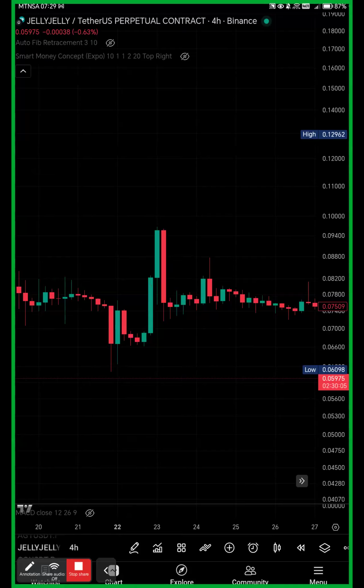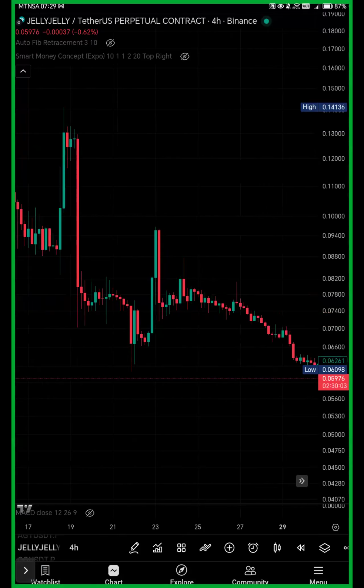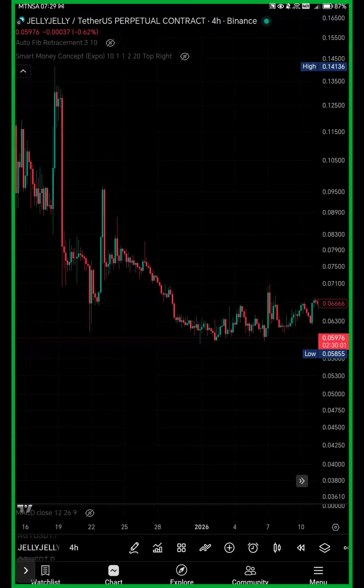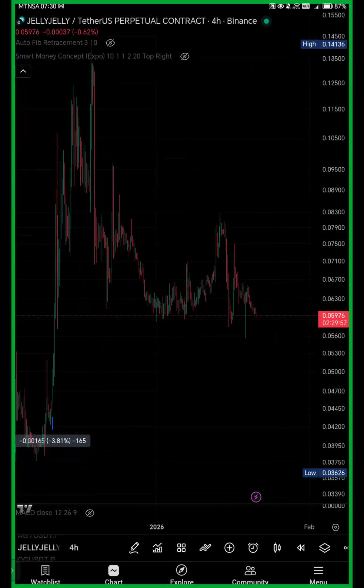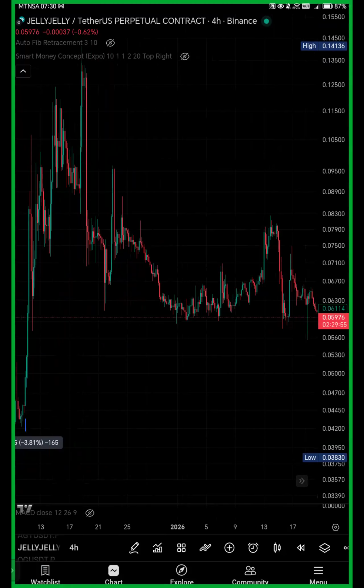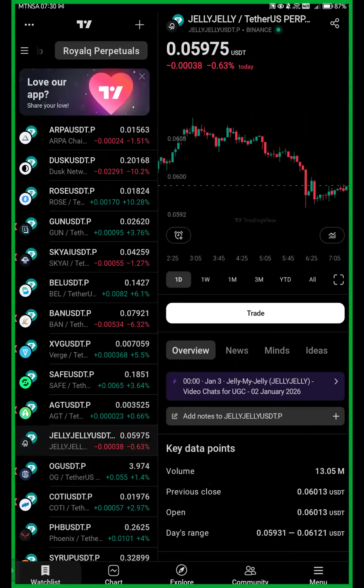All right, so you can see that Jelly Jelly hasn't been doing well when it comes to upward movement. The way it was dancing is not the way it is behaving now.